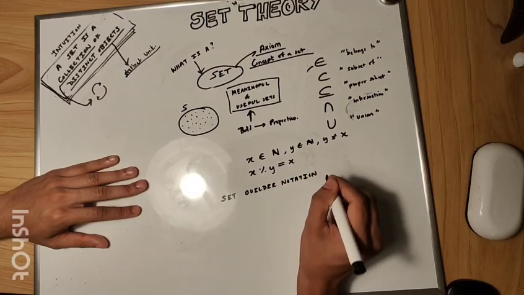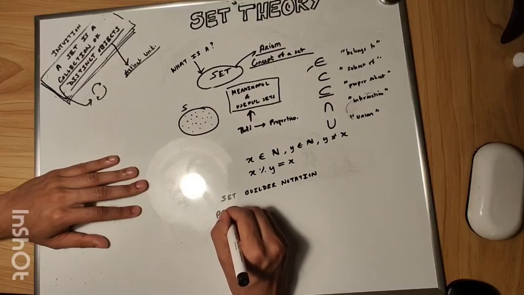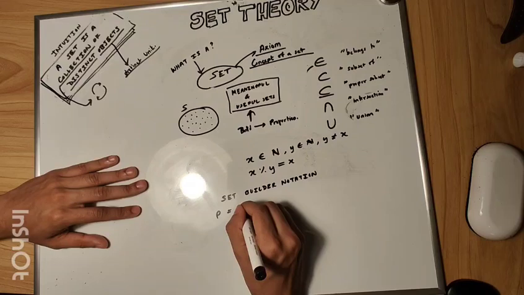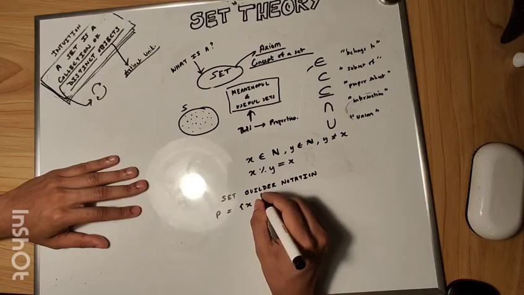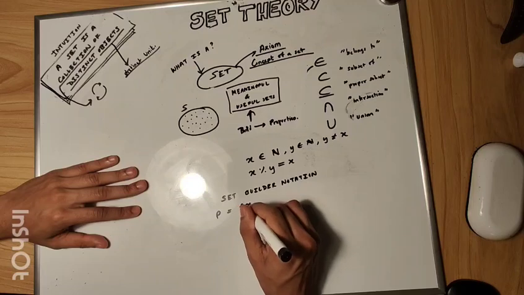So this is the set builder notation, and we can define the set P of all prime numbers as the set of all x. So the curly bracket basically means set.